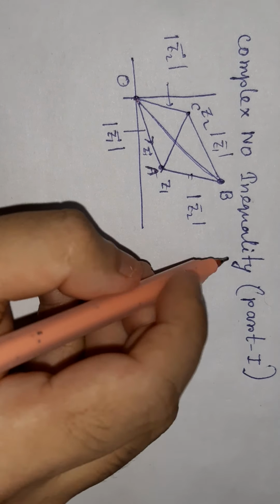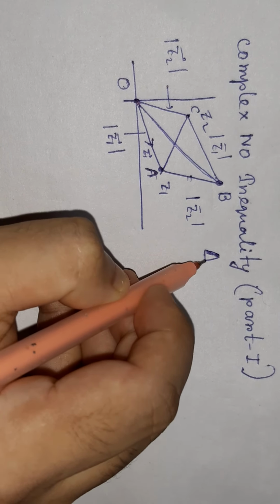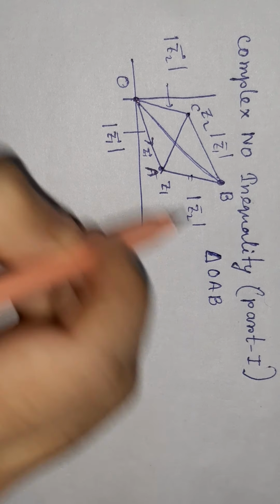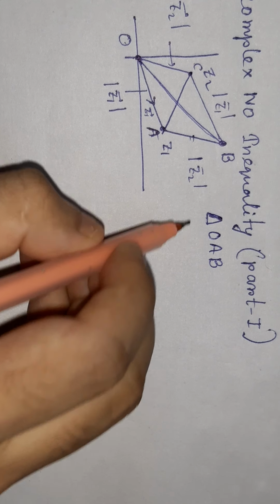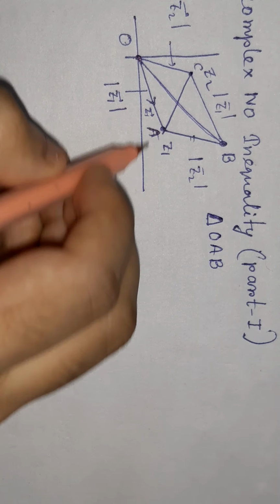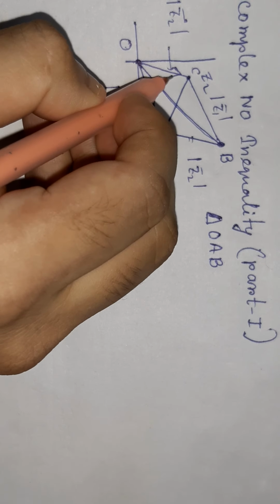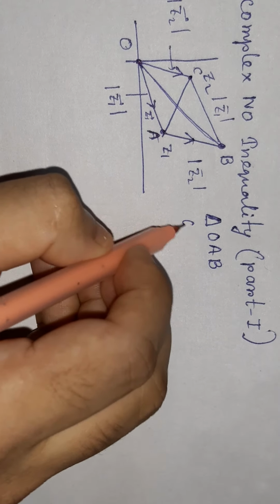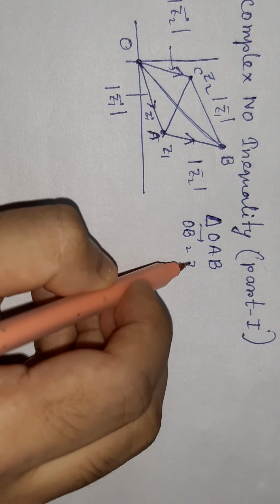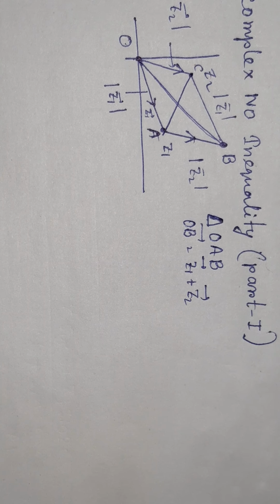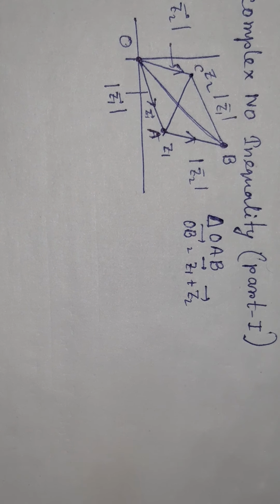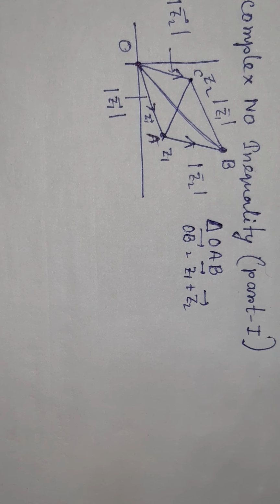So consider the triangle OAB. What is the vector representation of OB? The OB vector is nothing but Z1 vector plus Z2 vector. And in a triangle we know that the sum of two sides is always greater than the length of the third side.